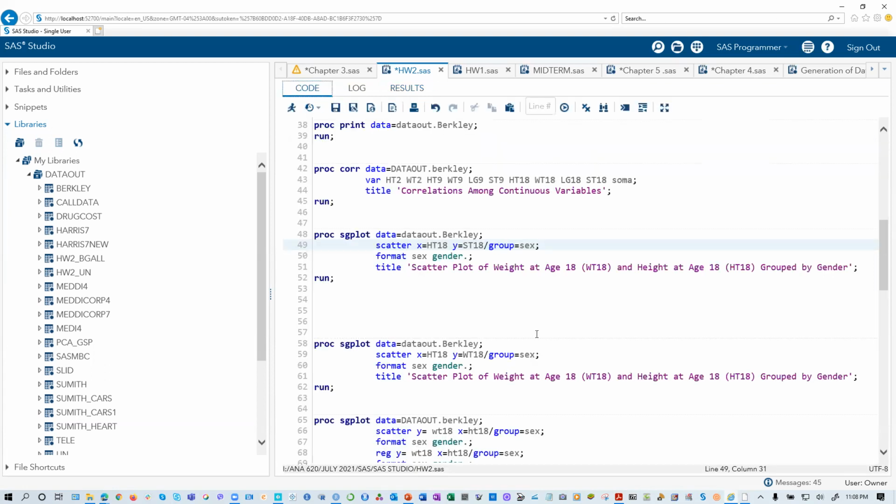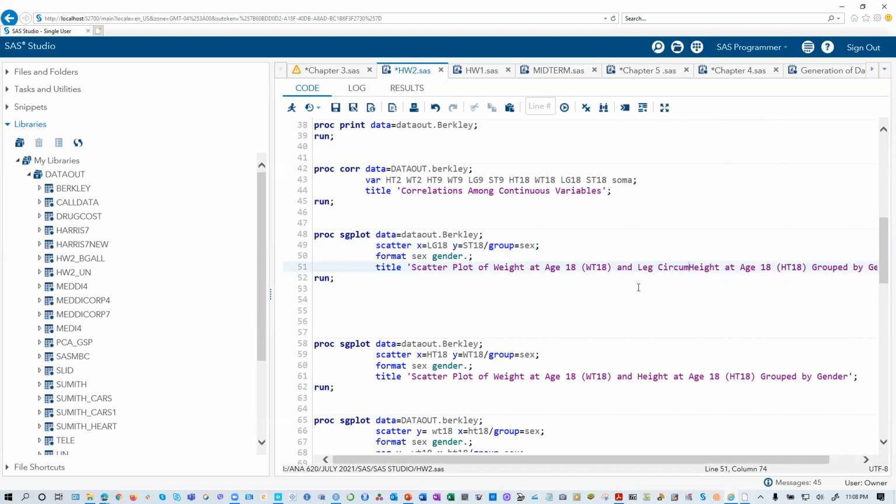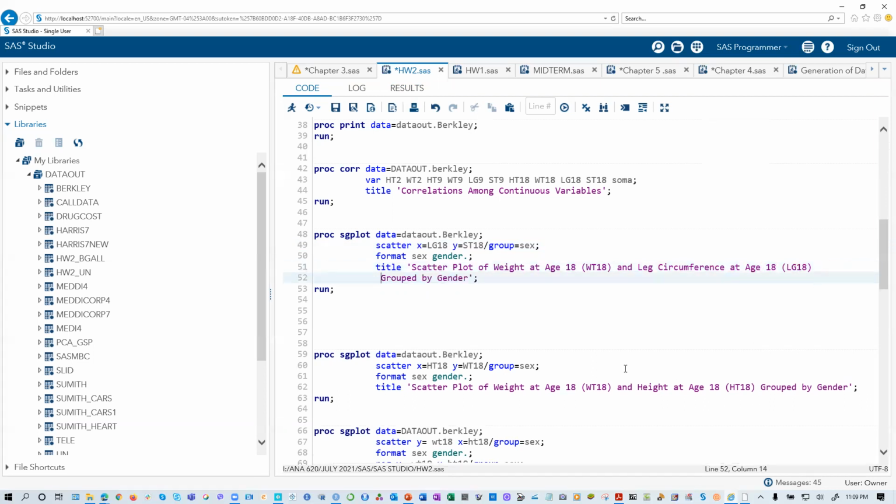If you want, you can go with the LG18. So scatter plot of weight at age 18 and the height, strength, not a leg circumference, or to make circumference at age 18, which is called LG18, LG18 group by gender.